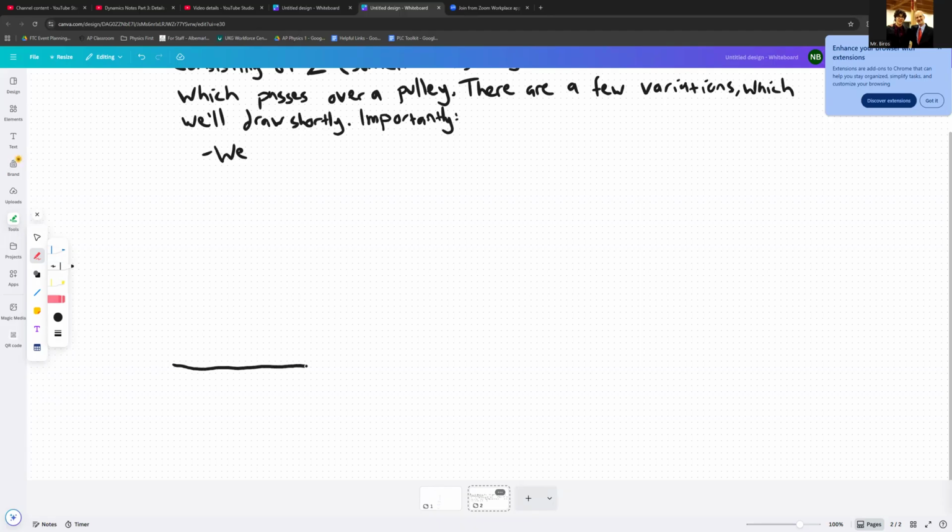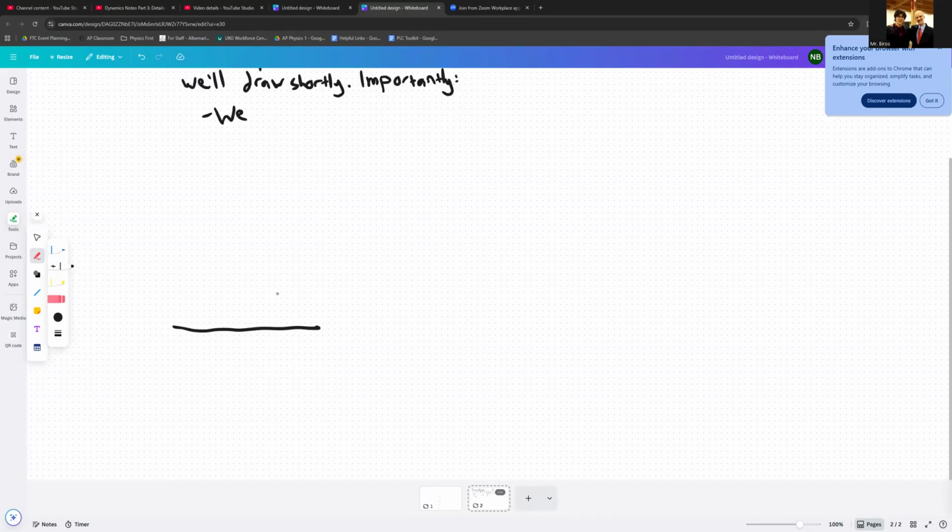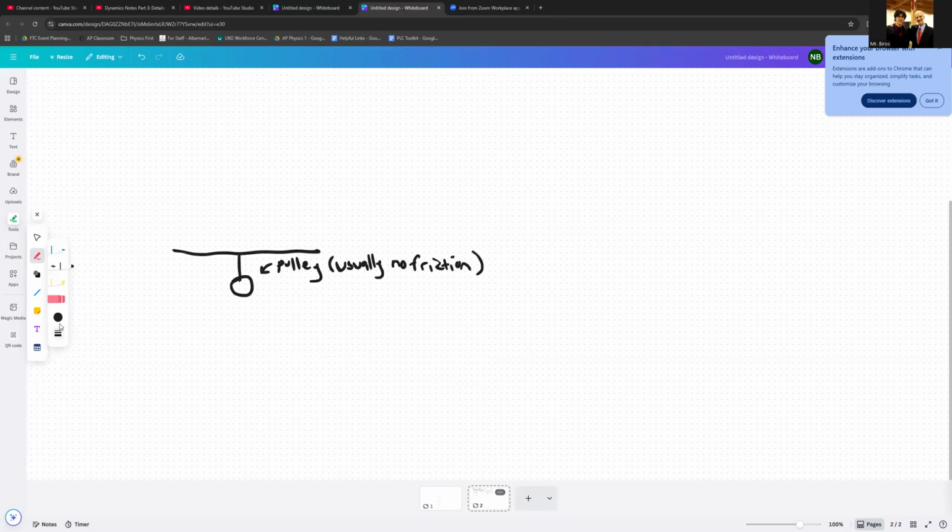Again, there are some variations on this, and we'll draw what they are, but here's a pulley. And while we're at it, we'll mention there's usually no friction. If there is friction, we'll talk about that in a second. Okay, there's our pulley.